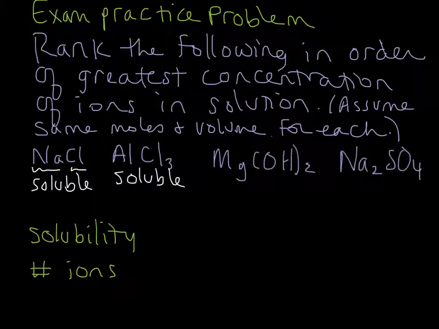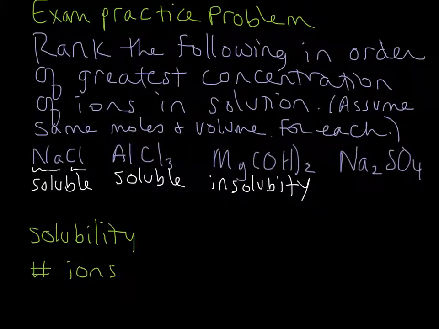Magnesium hydroxide. Now, certain hydroxides are soluble, but magnesium hydroxide is one of the insoluble compounds. So this guy's insoluble. If we check the solubility table, we would see that hydroxides are assumed to be insoluble unless they fit into one of the categories of exceptions.